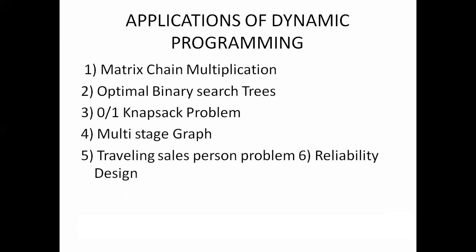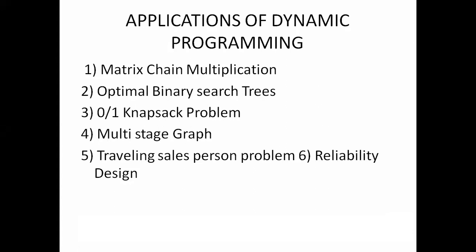And finally, where are we applying this dynamic programming approach? In our syllabus, they have given optimal binary search tree, 0/1 knapsack problem, traveling salesman problem, reliability design. Okay, and some more additional applications are multi-stage graph and matrix chain multiplication.